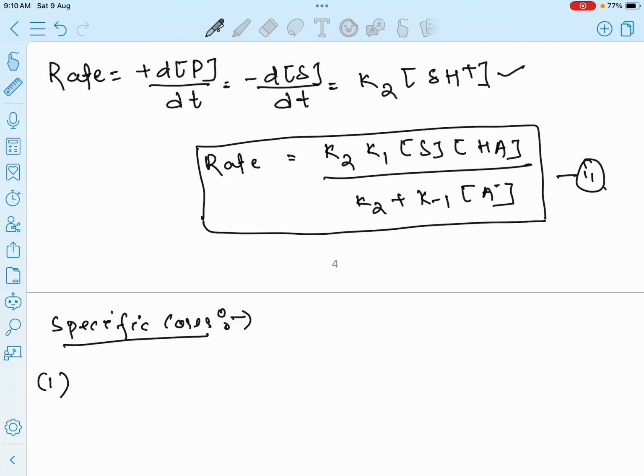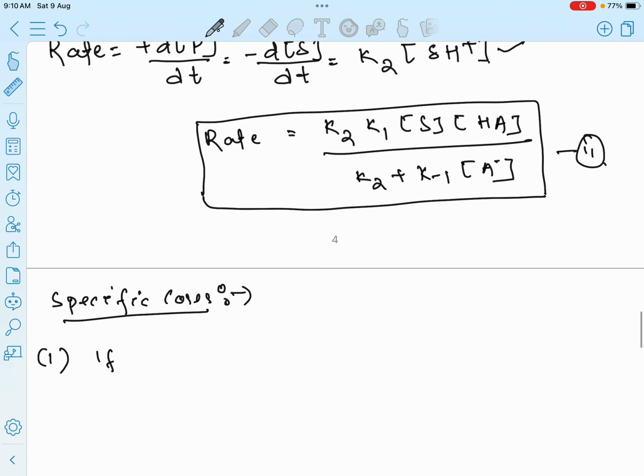Case number 1. If K minus 1 A minus is very much less than K2, what will happen?